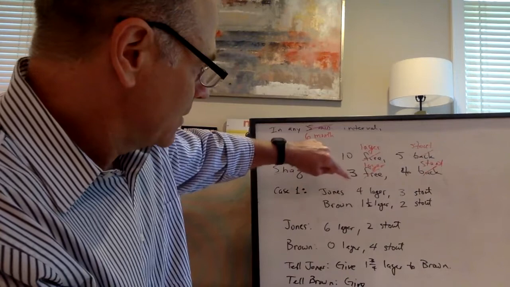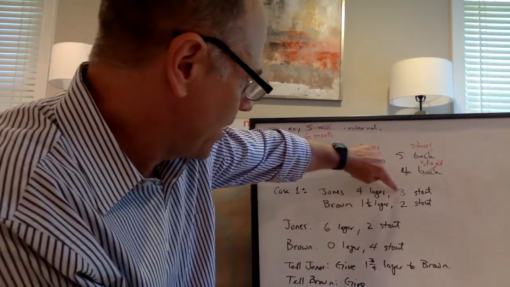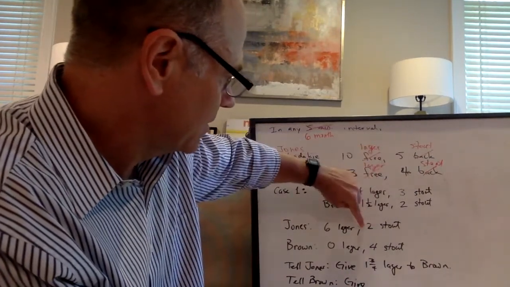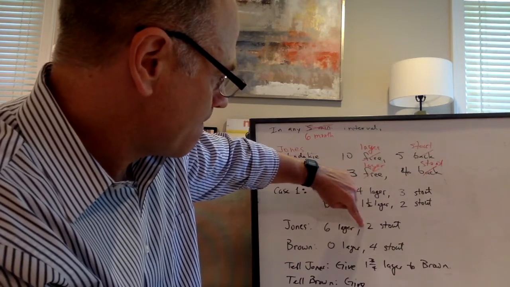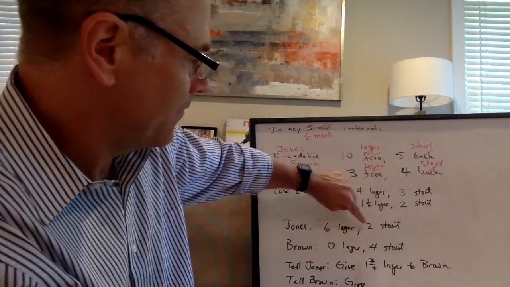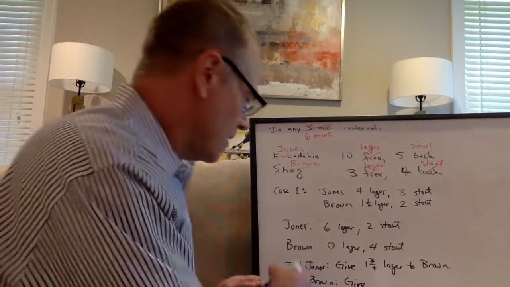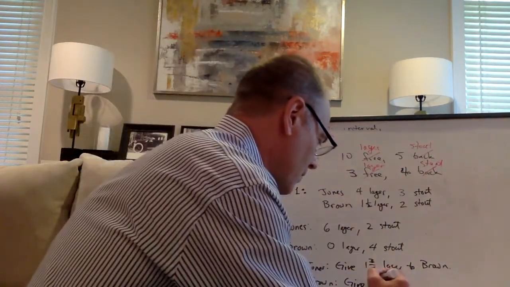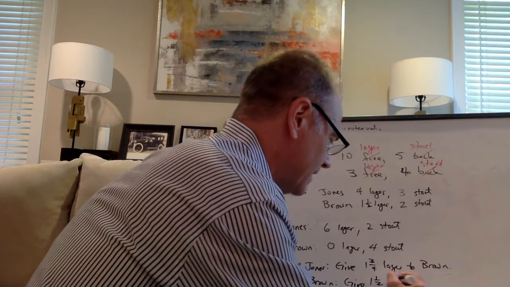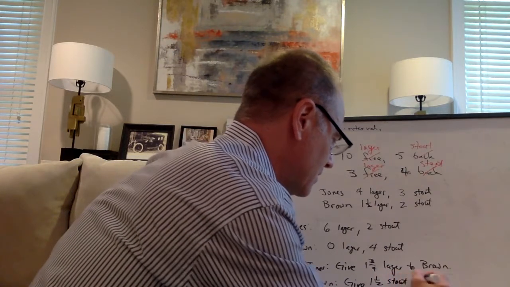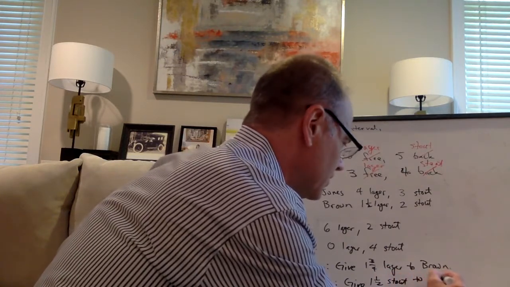Jones before had 3 of stout. Let's make him give 1.5. Brown, give 1.5 gallons of stout to Jones.